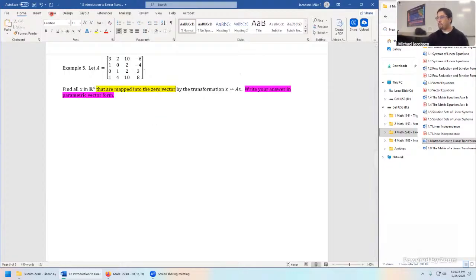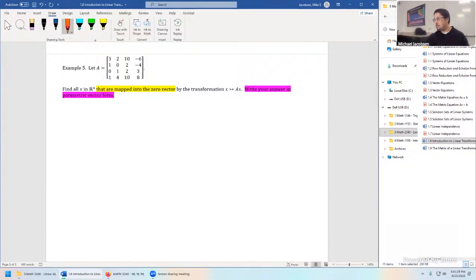This tells us right away what we're dealing with is a homogeneous system. So mapped into the 0 vector by the transformation, and that looks really weird, right? Some of you might have seen this kind of notation before.